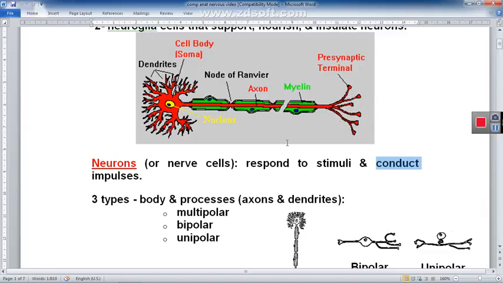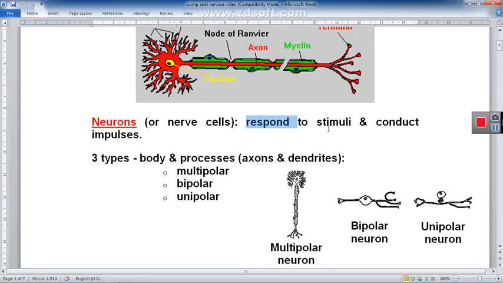Or the nerve cell has another function in addition to conduction, which is response to stimuli. For example, we may have here a stimulus of touch. The stimulus of touch will be transmitted to the dendrite, to the body, and then to the axon. So the nerve impulses are either conductive or responding to stimuli.